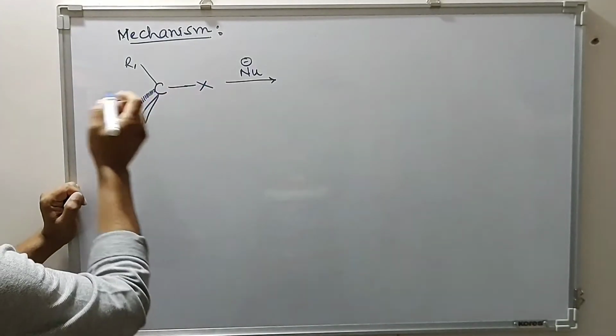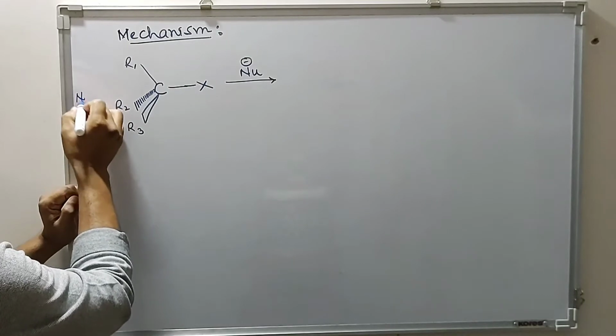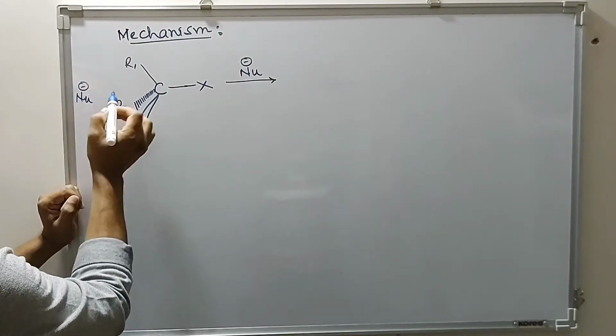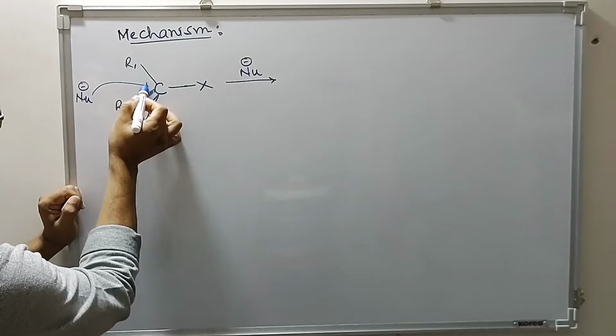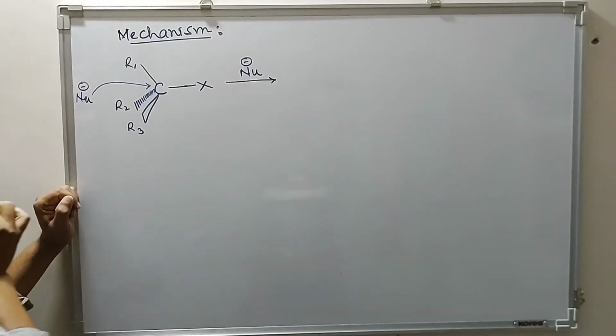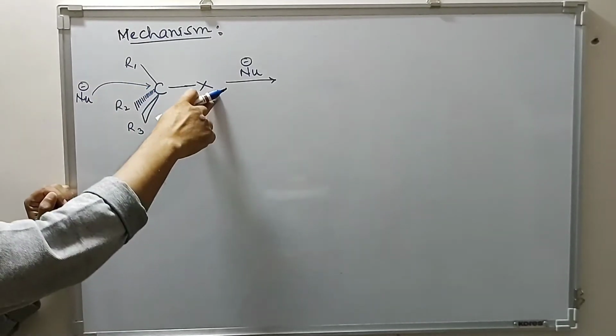So these nucleophile, look at this. This is a nucleophile. So this nucleophile is attacking this electrophilic carbon because of this electron withdrawal by halogen.